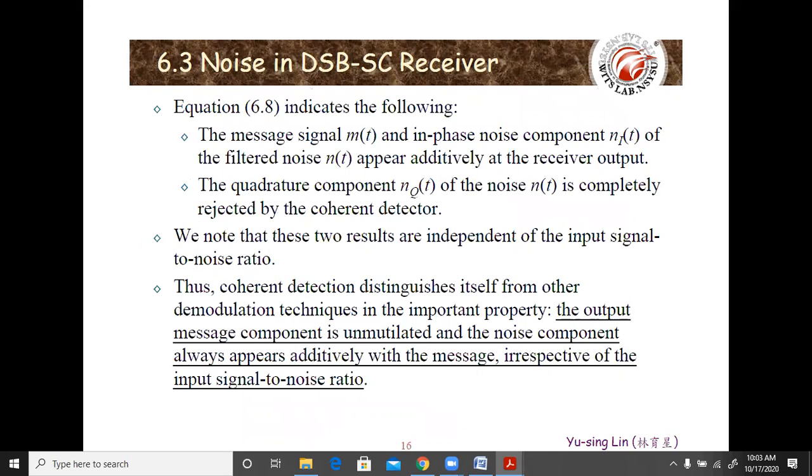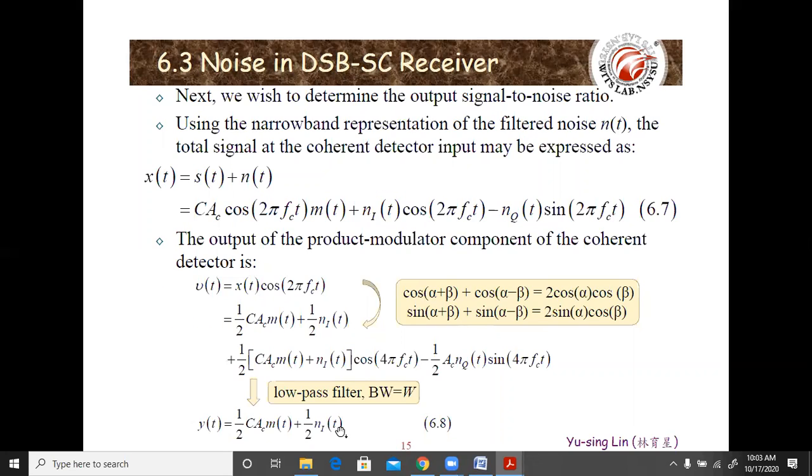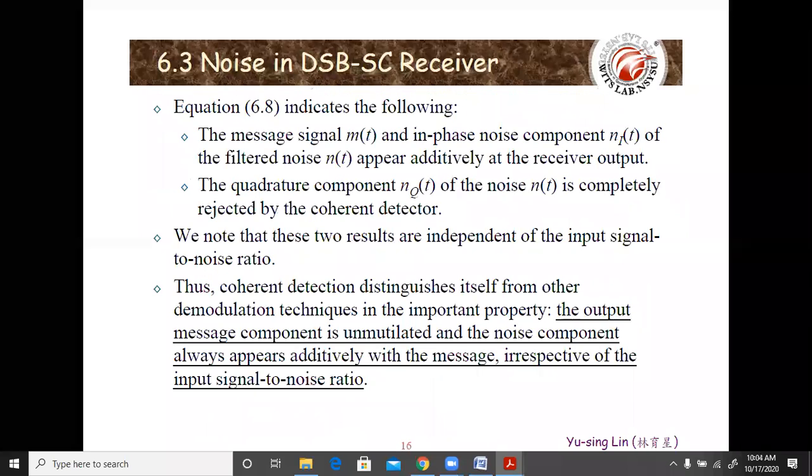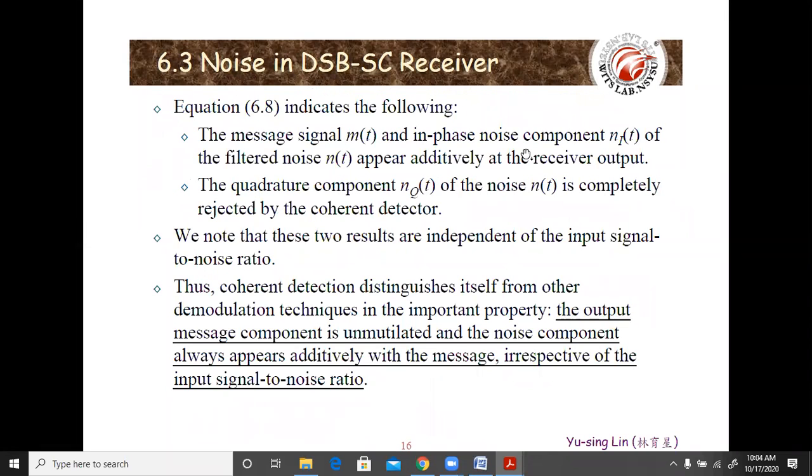The last equation, equation 6.8, indicates the following: the message signal m(t) and the in-phase noise component nI(t) of the filtered noise n(t) appear additively at the receiver output. The quadrature component nQ(t) of the noise n(t) is completely rejected by the coherent detector because we are filtering it through a low pass filter.